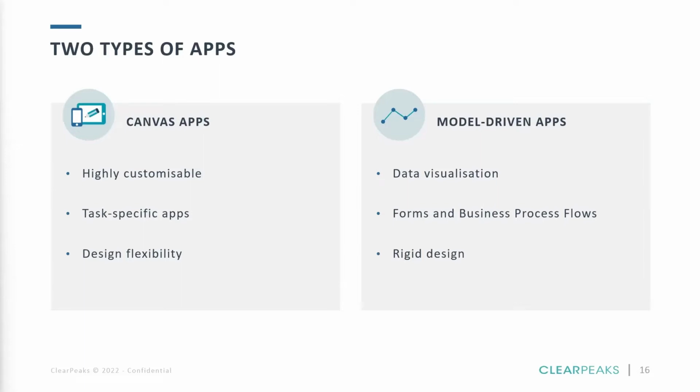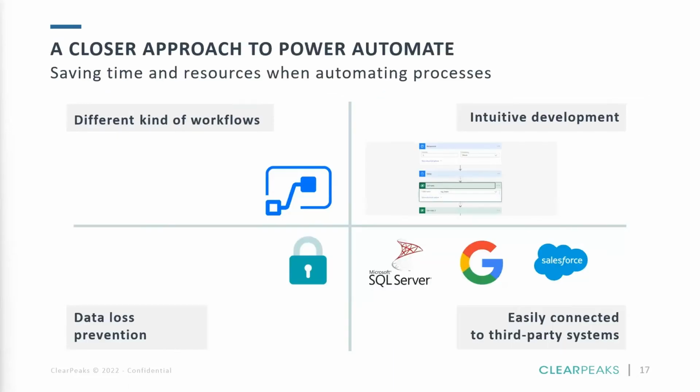On the other hand, the model-driven apps are more focused on data visualization and management from Dataverse, where also forms and business process flows can be added, as well as charts or dashboards, but always having into account that the design is closed, not having the same flexibility as with Canvas apps, or we can also compare it with Power BI reports.